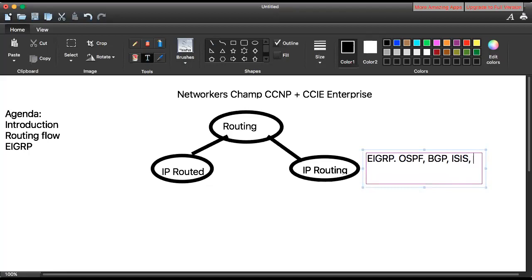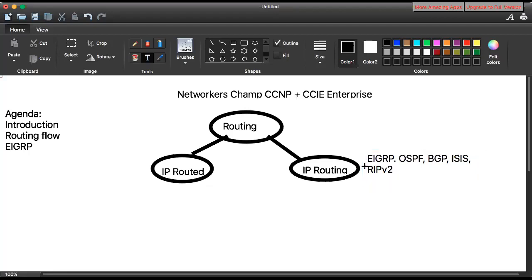RIP as well, let's not forget, though it's not used much in implementations. These protocols learn the destination and how to reach it, and if they have multiple paths, they select one of the paths as the best path for forwarding the traffic, forwarding the data. That's IP routing.